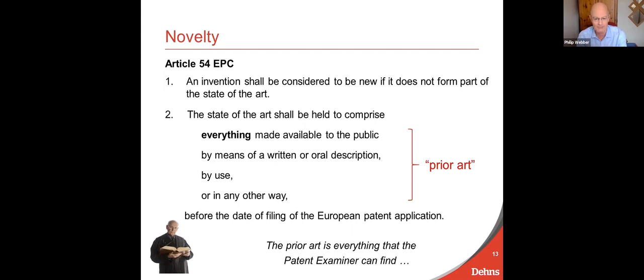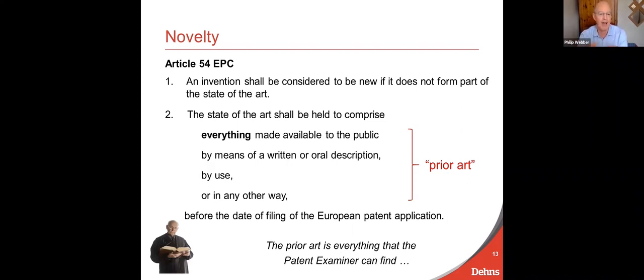Patent attorneys call this the prior art. A lot of people think that it's just written publications and things like that. It's not. If you've been to a conference and you've given out details of your invention to the conference audience, you have put information of your invention into the public domain.